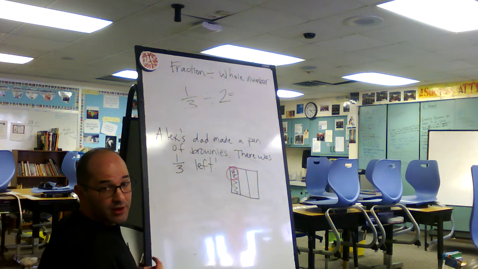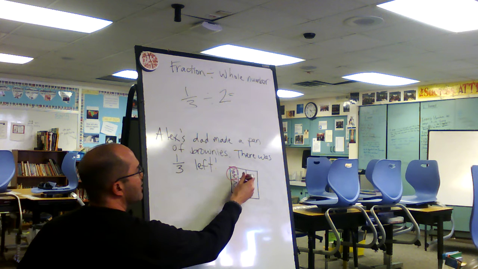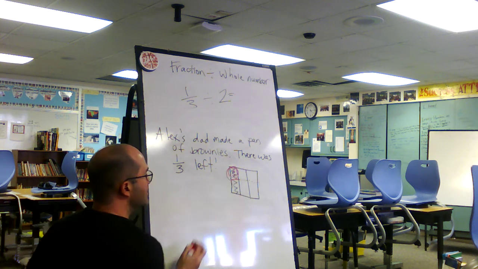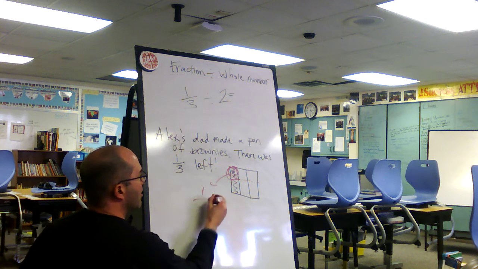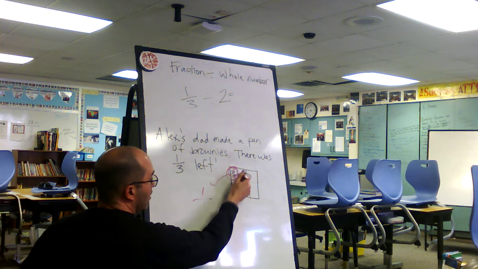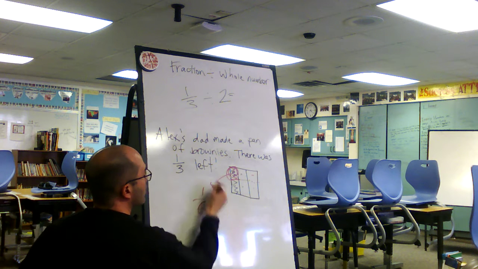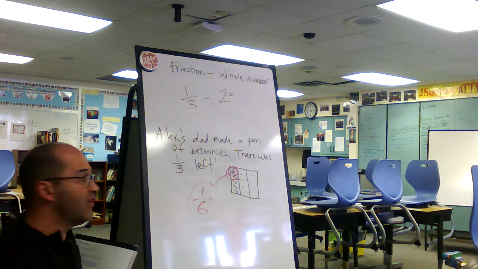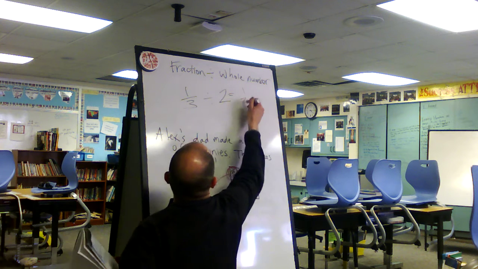That's less than 1/3, isn't it? If I continue this line, it's easy to tell that I have one piece out of, for the entire pan, if I were to have made the entire pan, 1/6. 1/6 would be the quotient. So 1/3 divided by 2 would have to be 1/6.